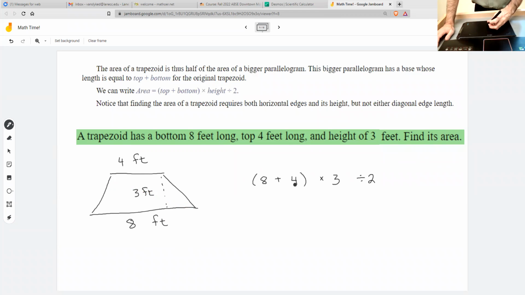So 8 plus 4, 12, 12 times 3. 36, yeah, 3 tens is 30, 3 twos is 6, and then half of 36. 18, and this time it will be square feet.